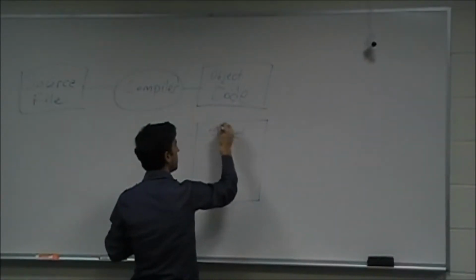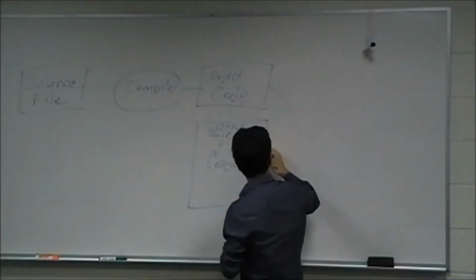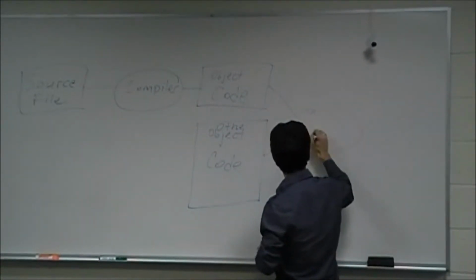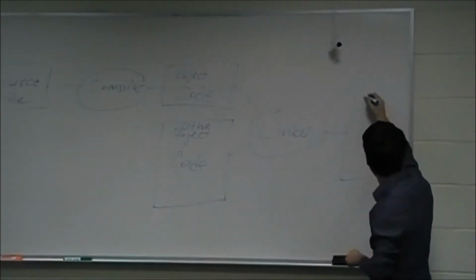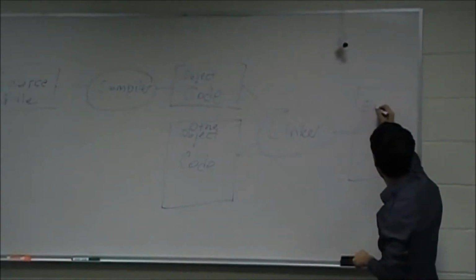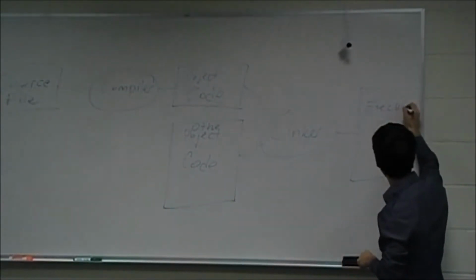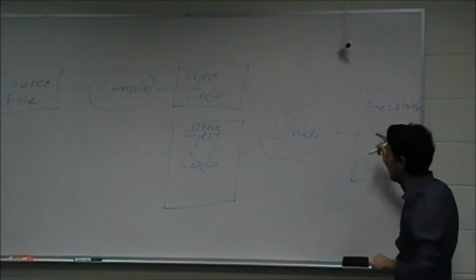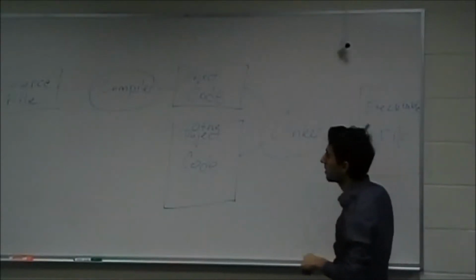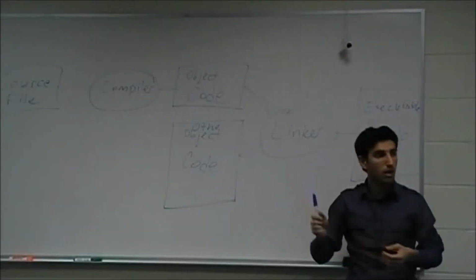I'm just going to write other object code. And these go to a linker. And once they are linked, they turn into an executable file that we call our program. Now, this is the classical way of what happens in the background.